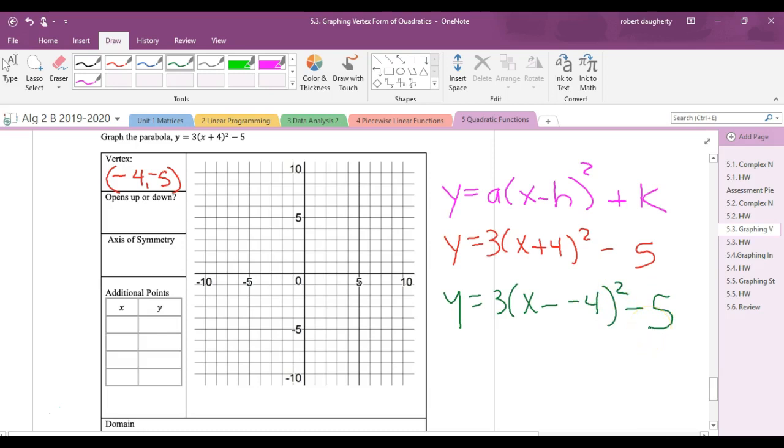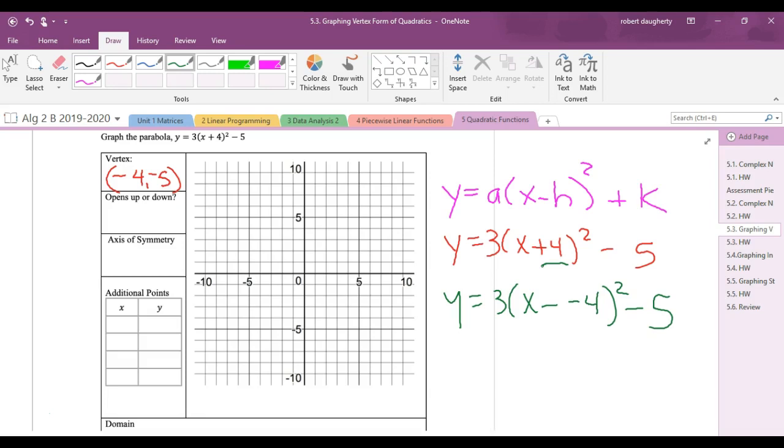The formula has a minus built into it. So if the vertex is (h, k), this is x minus what number? This is x minus -4. So the vertex is -4, -5. So what you can do when you look at vertex form is look at this number right here and take the opposite. That's a +4, my vertex is -4, -5. If that had been a -4, my vertex would be at +4.